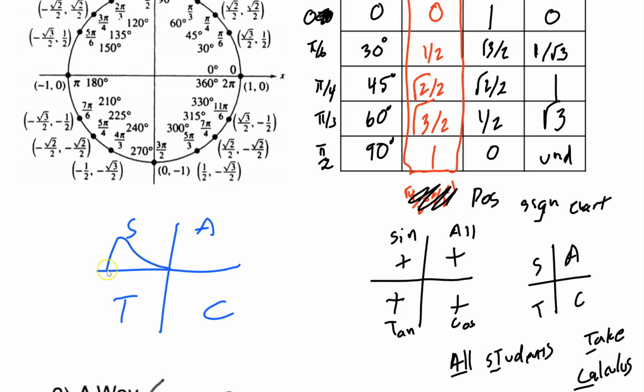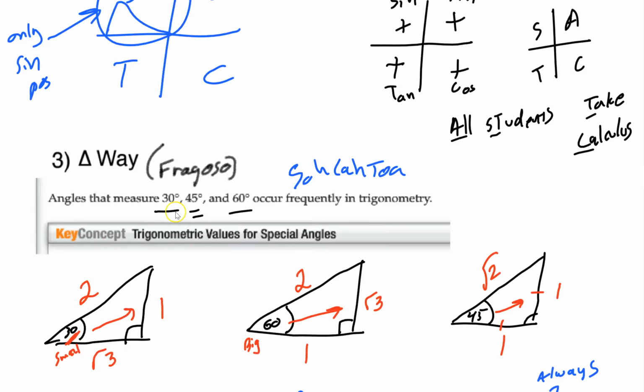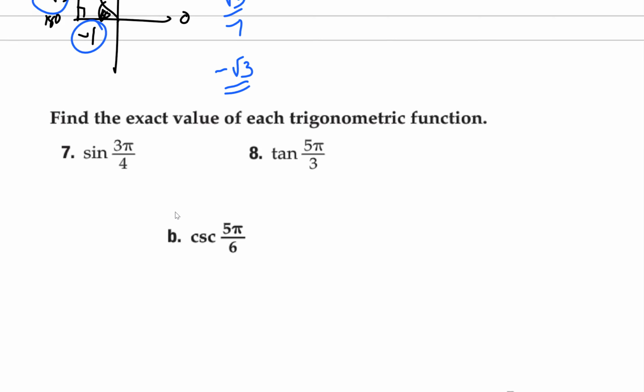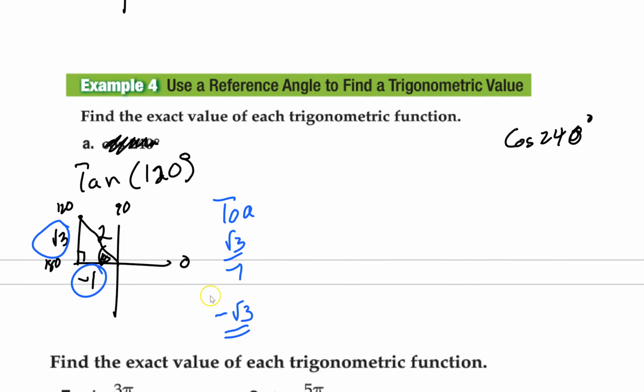And the picture we drew was right there. We're in quadrant 2. In quadrant 2, only sine is positive. All the rest are negative. That's why it's A, All Students Take Calculus. In quadrant 2, S is positive, the rest are negative. I had tan, so that's why it was negative. So negative rad 3.